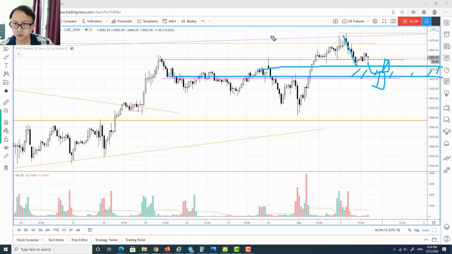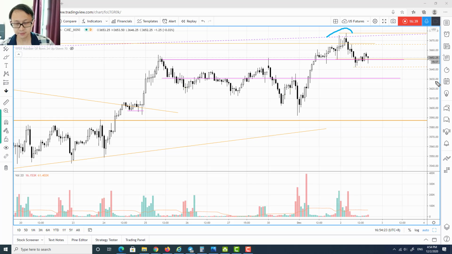Otherwise, just look out for the very obvious resistance level at the swing high level, 36.70 or 77 or 75. That's just based on the swing high, to see whether there is a rejection. So let's see how it resolves itself out from this consolidation range. It could form a trading range or apex. We just need to see how it actually resolves itself out from this reaction.